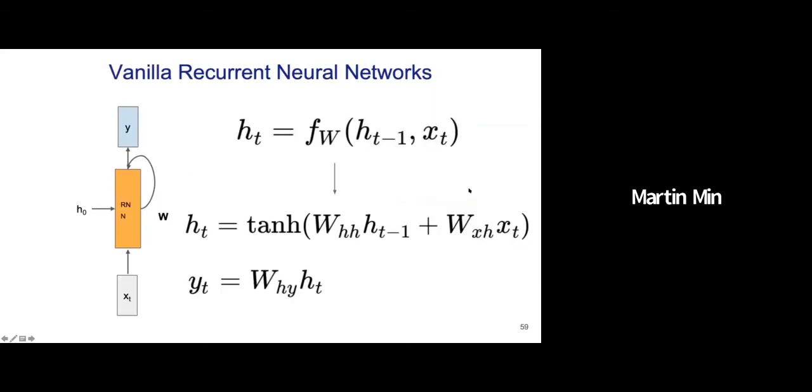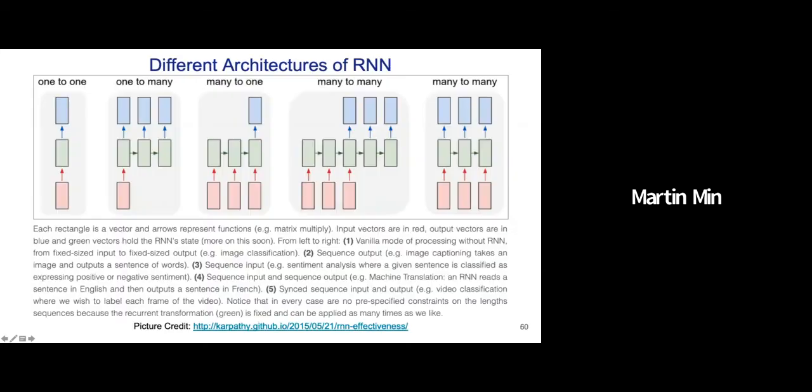Okay, so this is how you write down a vanilla recurrent neural network with some tanh functions. In the recurrent neural network, we can have one-to-one, meaning one input and one output.